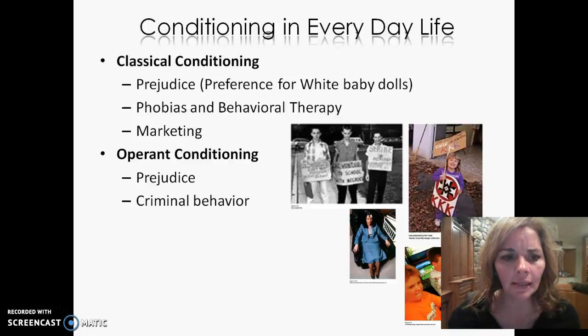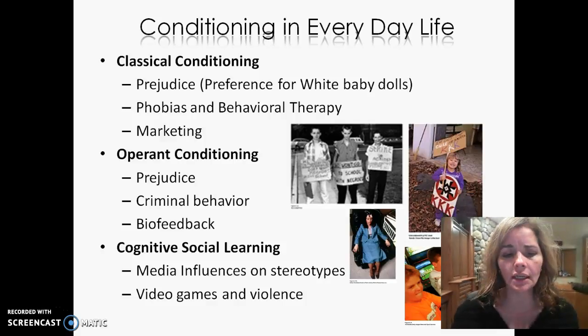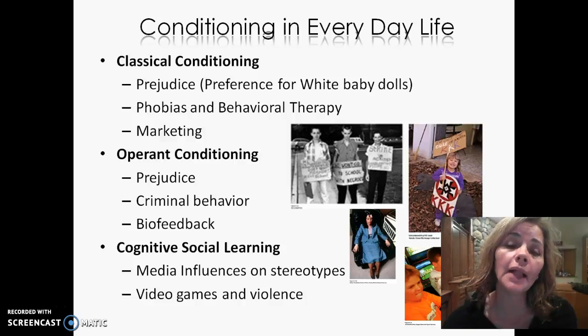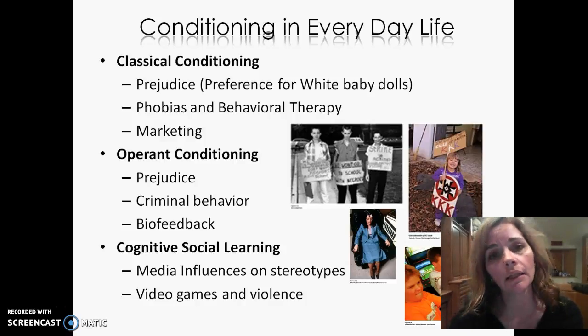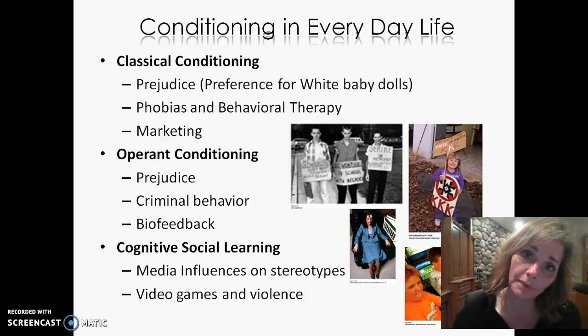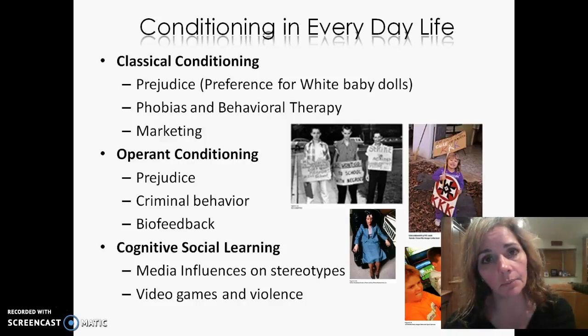And then finally, I want to discuss that conditioning can apply in everyday life, particularly in the area of prejudice. For classical conditioning, there was a study done, the Rogers study, that showed that children were less likely to want to play with black baby dolls and more likely to choose to play with white baby dolls. When asked for their rationale, it's because they associated good qualities with the white baby dolls and negative qualities with the black baby dolls.